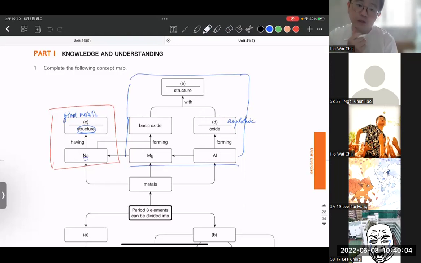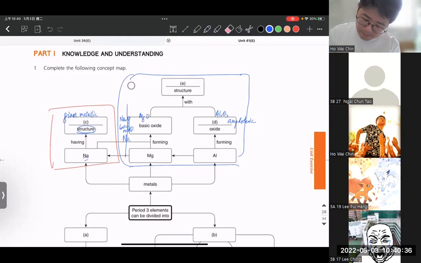So both will share the oxides MgO and Al2O3. They both will have a structure. What is the structure for E? Listen, what is the structure they're having? Ionic structure.